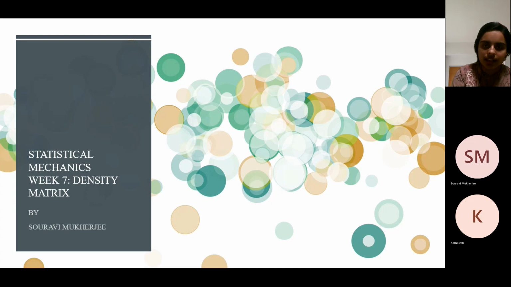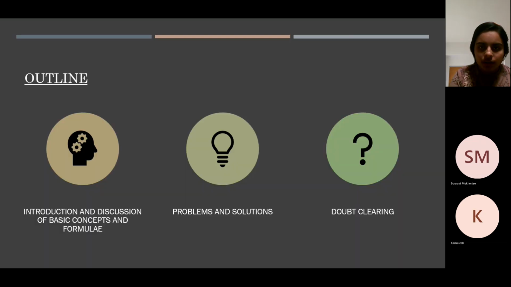So first we will discuss that, and I'll discuss van der Waals gases and what happens near the critical point. And then finally I would go to the density matrix and a discussion of it. So that's how today's session will go.